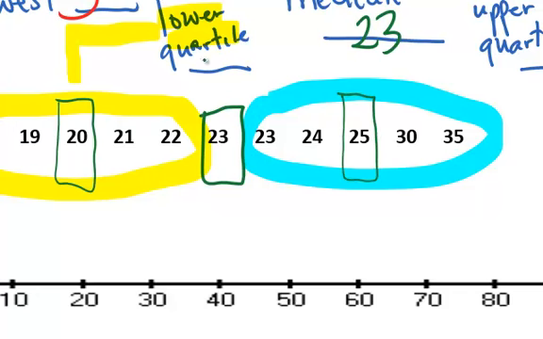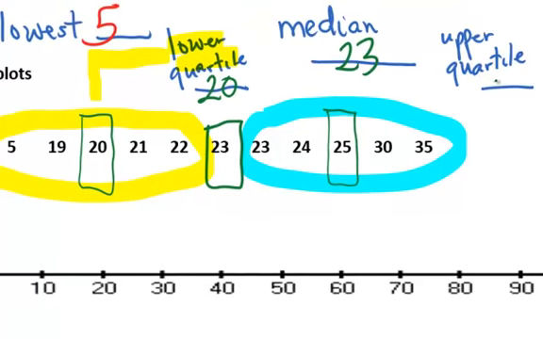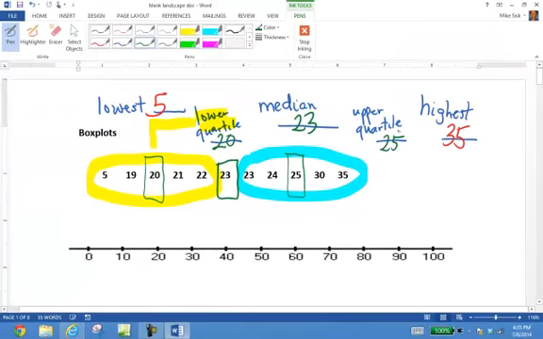Those are my lower quartile and upper quartile respectively. So my 5 digits involved in my box plot are the number 5, which is the lowest in the stack, 20, which is the lower quartile, 23, which is the median for the whole group, 25, which is the upper quartile, and 35, which is the highest value.